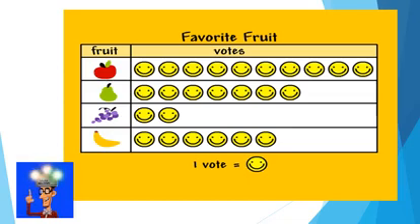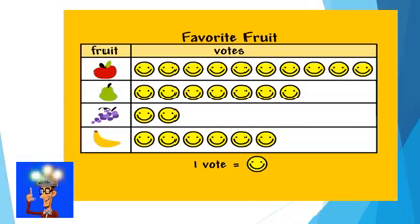How many persons like pear? Have you counted the total number? Okay, the correct answer is 7. How about the grapes? How many persons like grapes? Okay, so there are 2.